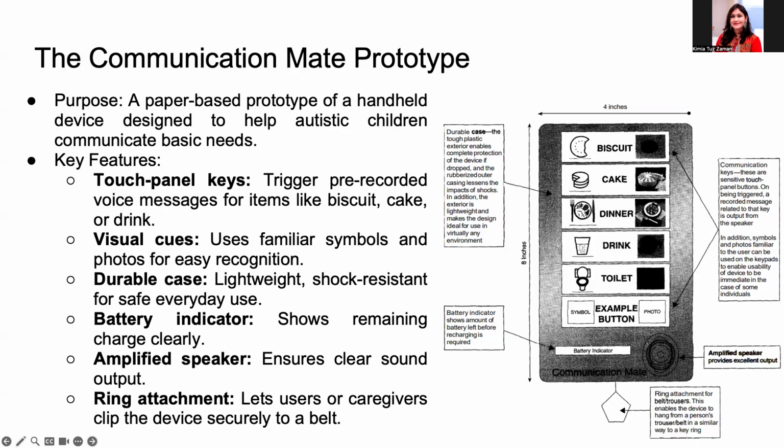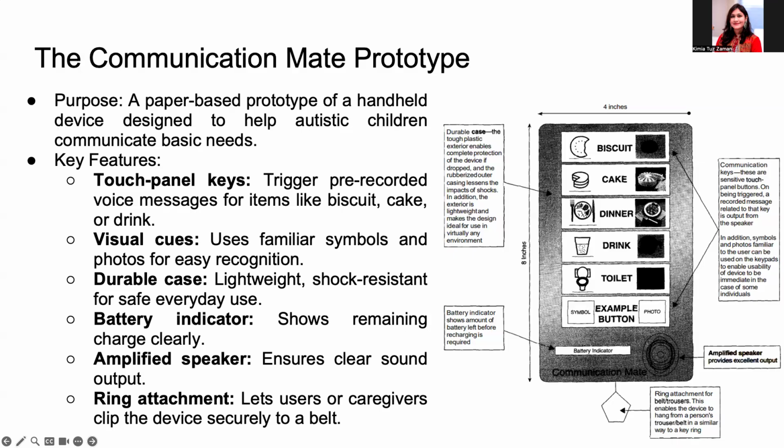Now, if you look at the physical design, the prototype emphasized safety and usability. The case is durable, shock resistant, lightweight. There's a battery indicator to show when charging is needed, and a ring attachment so caregivers can clip it to a belt. So this design demonstrates that a prototype doesn't have to be digital to be powerful.